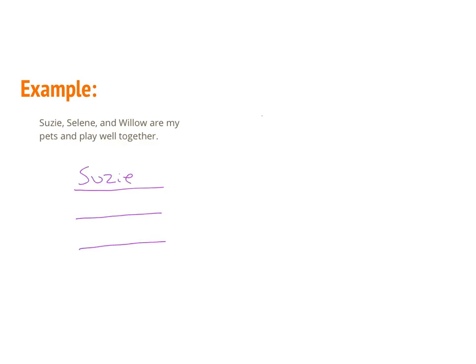Susie, Celine, and Willow. I need to go ahead and connect those lines and connect them with the word and. And is a conjunction. I'm going to go ahead and draw my little fork there and have this part ready. So they're my subjects, Susie, Celine, and Willow.